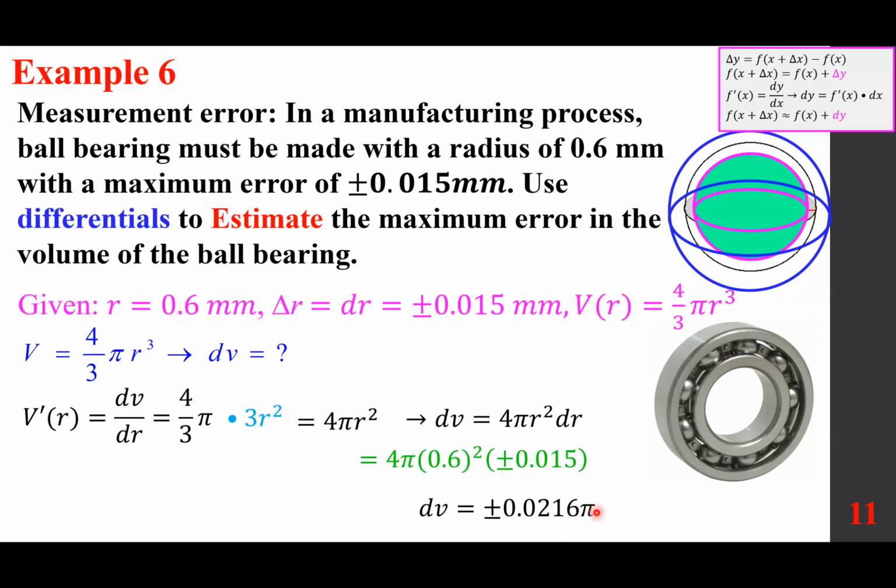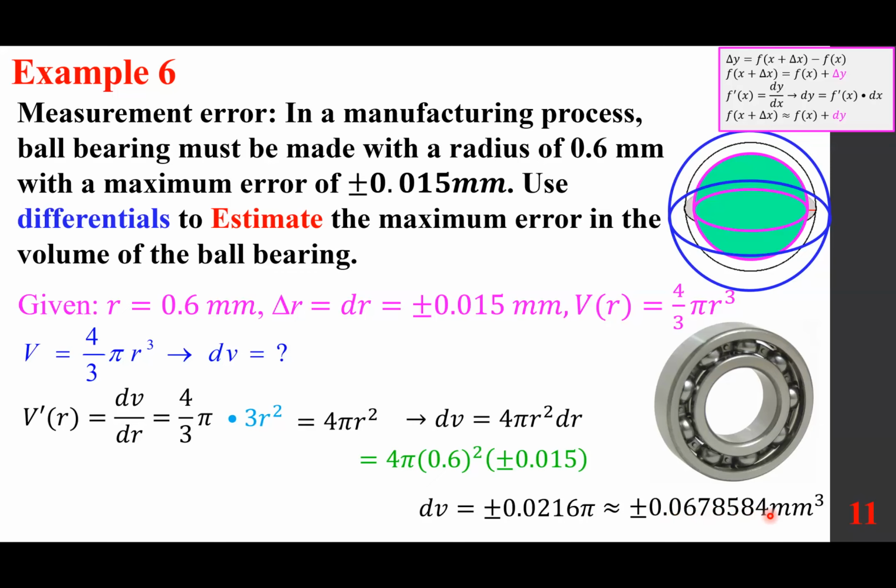And if you change the pi using a calculator, again, it's not 3.14, it's 3.14159, and it continues indefinitely with a lot of decimals. This is what we get, everybody. So plus minus 0.0678584 cubic millimeters. Now, we are done with the question.